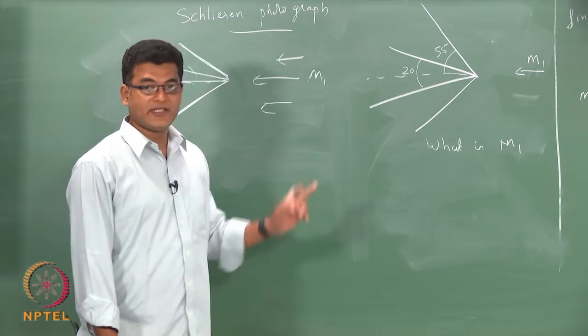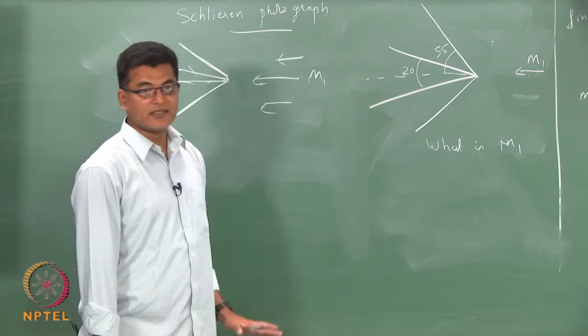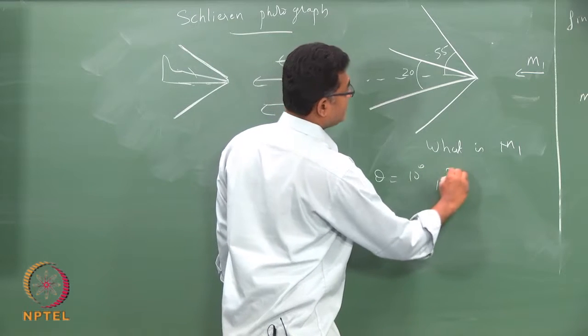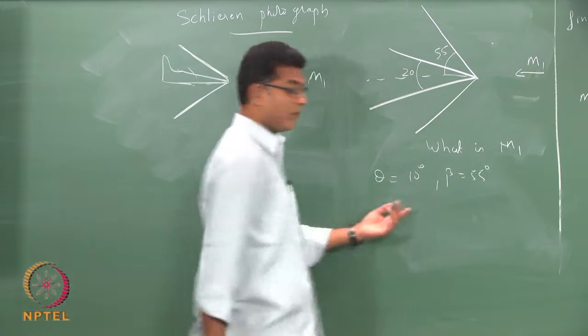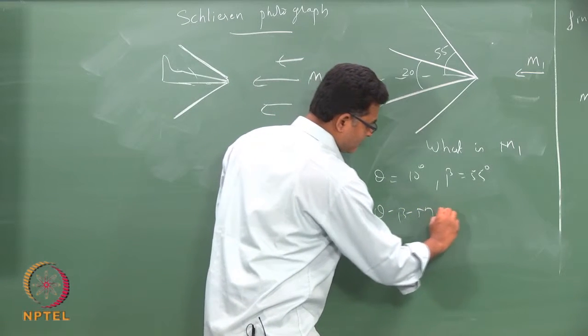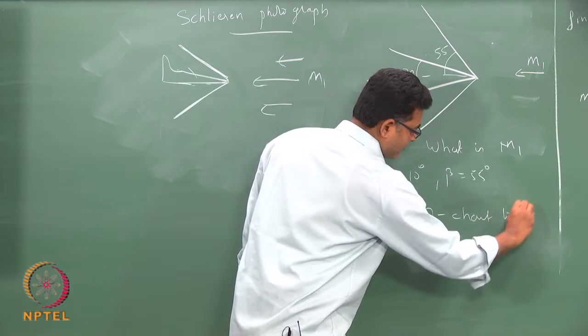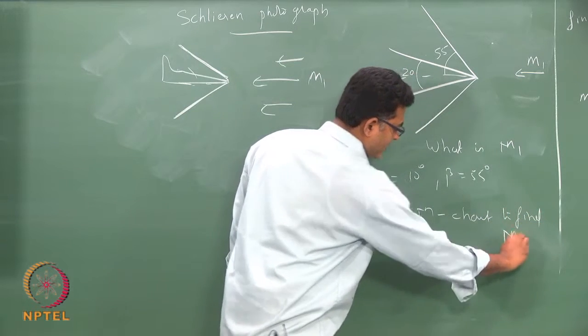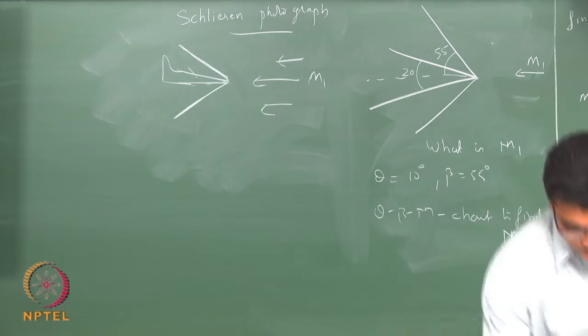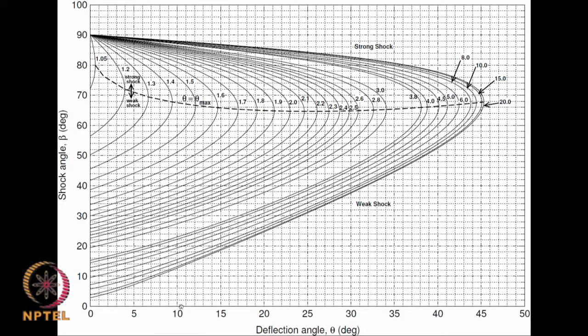Okay. So, it is a very easy question, but you have to understand that your theta is 10 degrees and your beta is 55 degrees. The moment you know this, use your theta beta M chart to find your M. So, all I do is I go to the chart, take the deflection angle 10 degrees and see where it crosses the value 55.